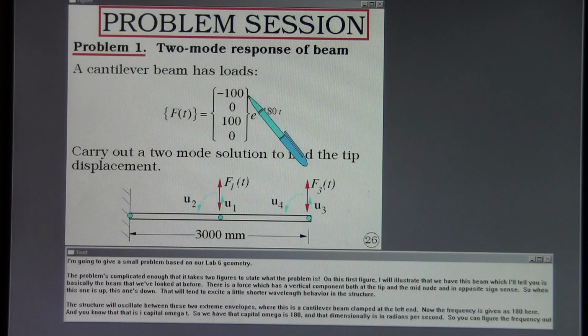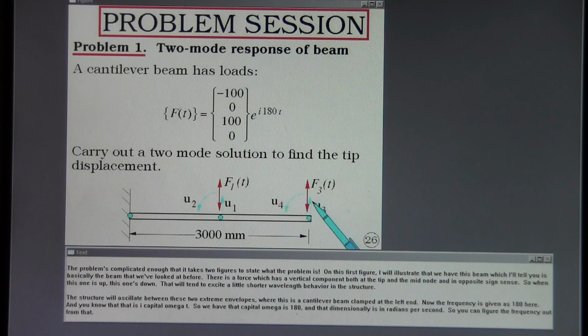There's a force which has a vertical component both at the tip and the mid node, and in opposite sign sense. So when this one is up, this one's down. That will tend to excite a little shorter wavelength behavior in the structure. The structure will oscillate between these two extreme envelopes, where this is a cantilever beam clamped at the left end.